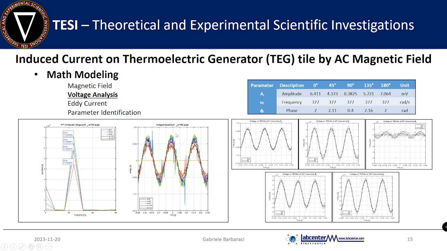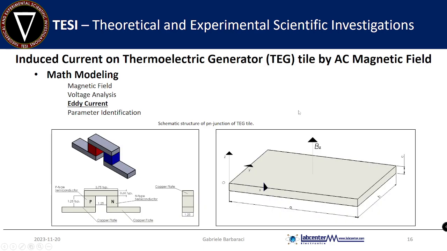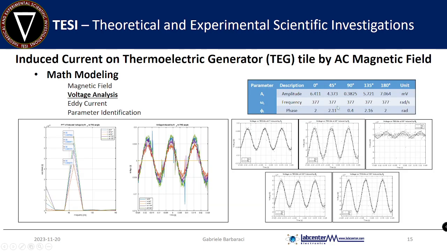And we made sure also that it is isofrequential by doing the FFT analysis. Here in this table, we have reported the different voltage amplitudes varying the angle 0, 45, 90, 135, 180 at the same frequency, 60 Hz, equal to 377 radians per second.